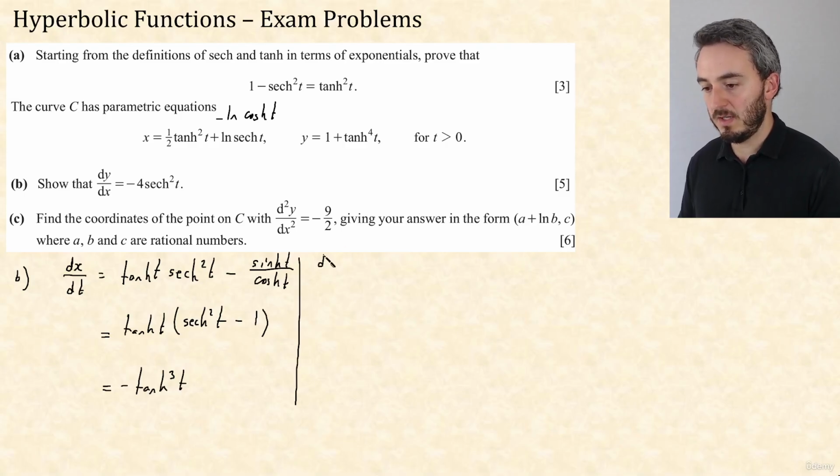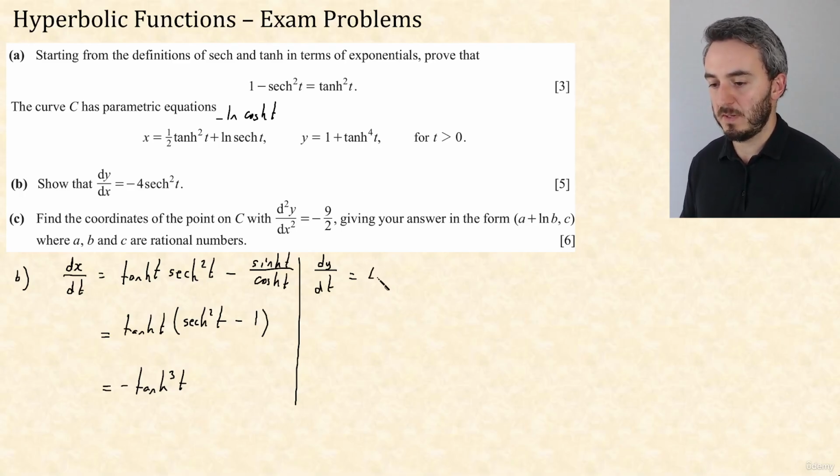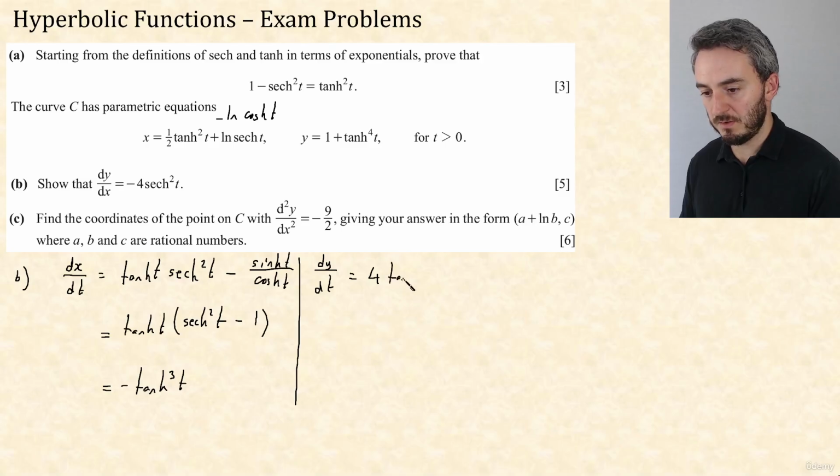Let's find dy by dt now. So what do we get? Well, 1 just goes. Now, differentiating tanh t to the 4, the power comes down and drops by 1, so 4 tanh cubed t, multiplied by the derivative of tanh t, which is sech squared t. So we have our dy by dt and our dx by dt.